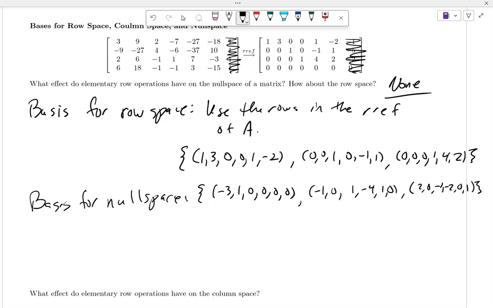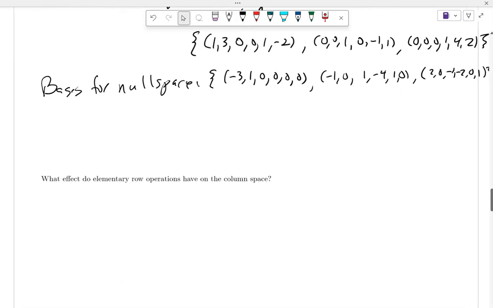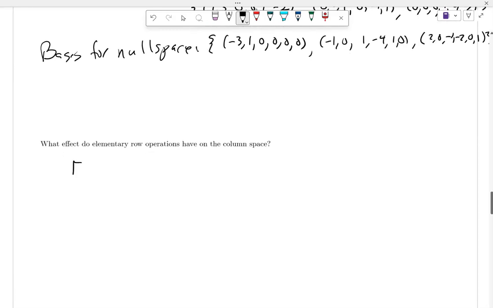Last thing I'll ask, and then we'll finish this off. Do elementary row operations change a column space? Remember, column space is the span of the columns, right? So let me start with this. If I row reduce this, I get that, don't I?